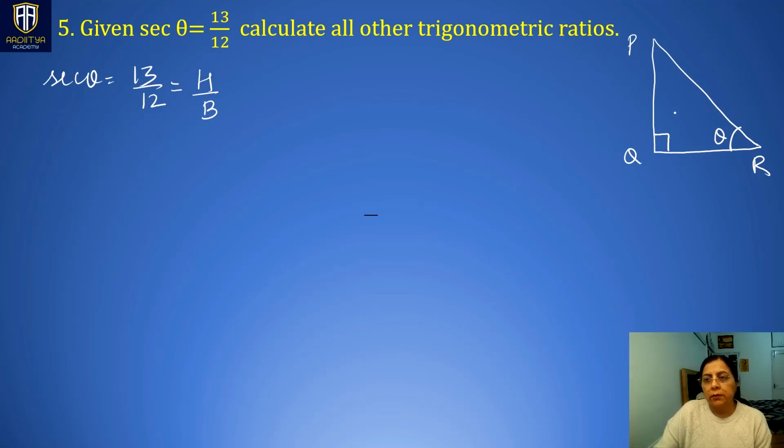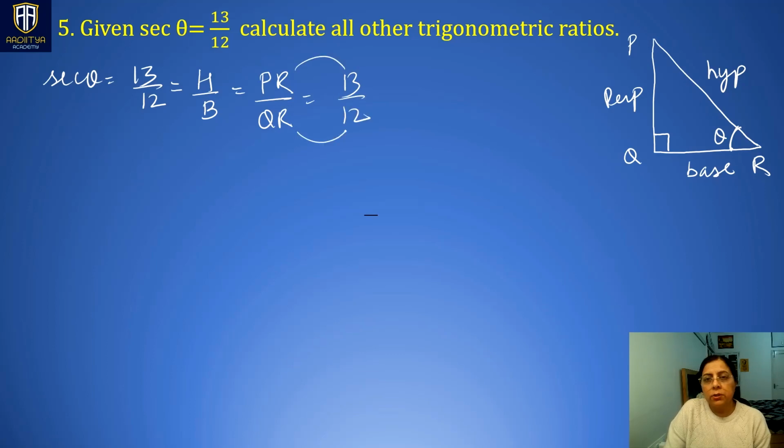I have fixed this as theta, and this is the right angle. So this side has to be the hypotenuse. Angle theta is fixed here, so this becomes the base and this becomes the perpendicular, right? Now the hypotenuse is PR, and the base is QR. This is equal to 13 by 12.